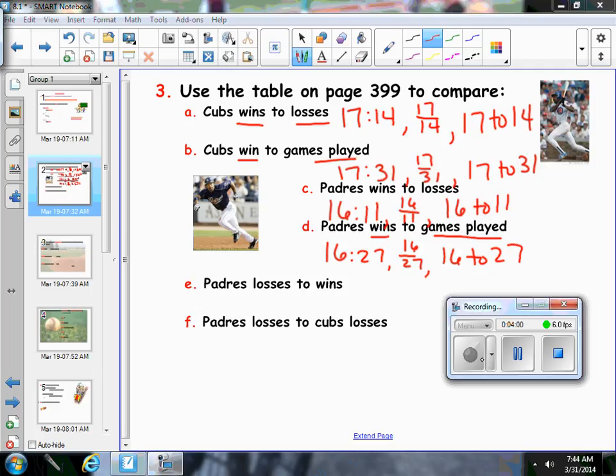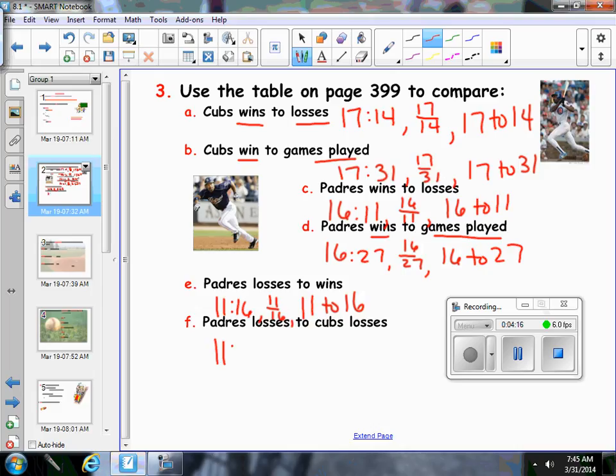Okay, in our next one, we have Padres losses to wins. That would be 11 to 16, 11 to 16, and 11 to 16. So Padres had 11 losses to the Cubs' 14 losses.